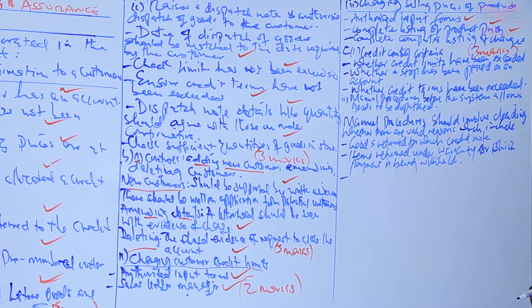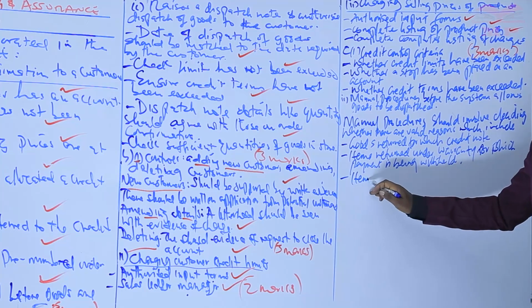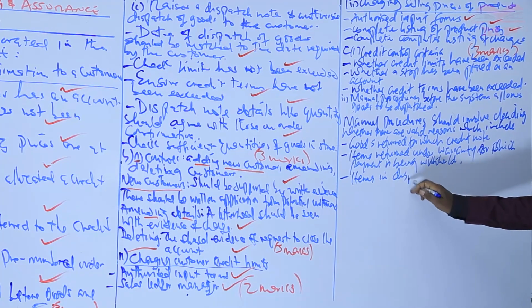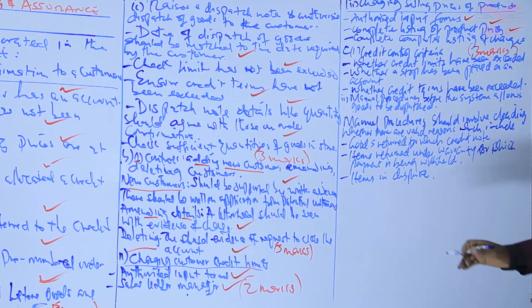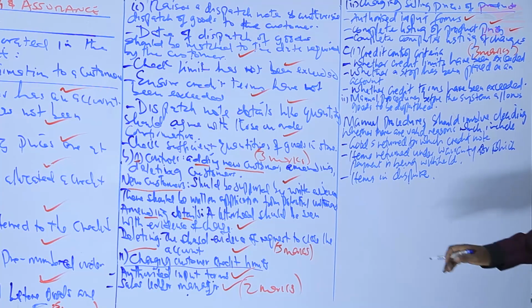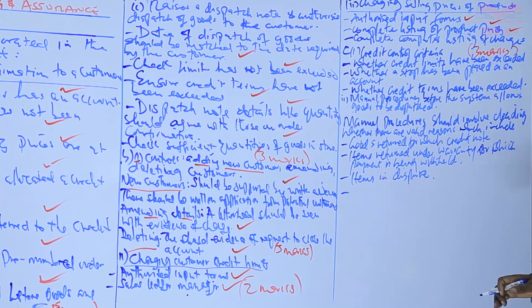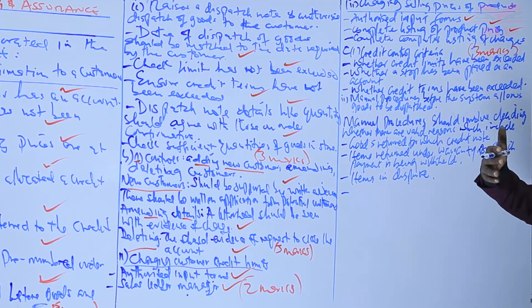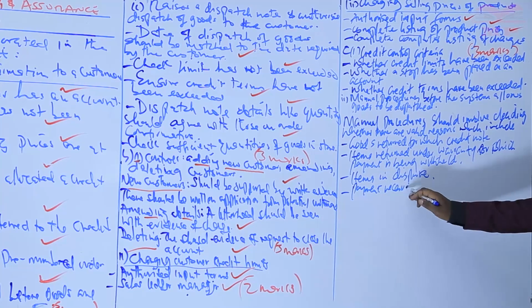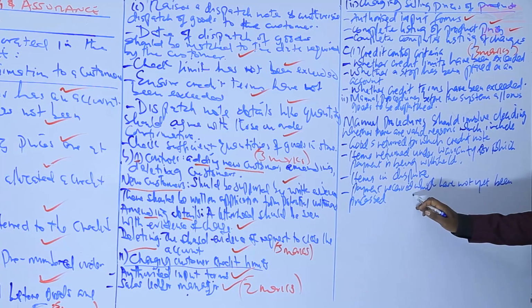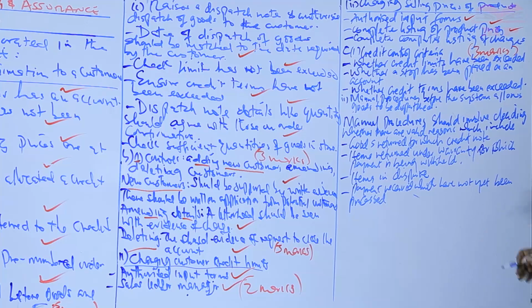Number 3 is items in dispute. Then lastly, number 4 is payments received which have not yet been processed.